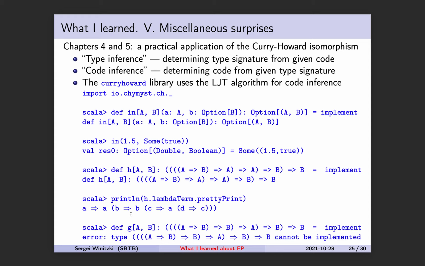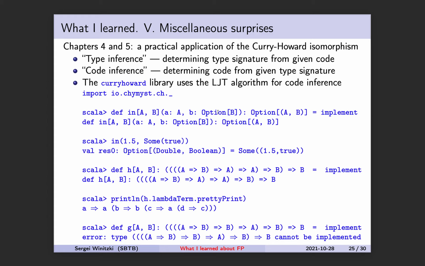Here are some examples running code using that library. So this library defines a macro called implement that examines the type signature on the left and generates the code for it immediately and compiles it. So for example, this function takes a value of type A, a value of type option B, and returns a value of type option of pair AB. Now the only way this can go is when B is an empty option, and you have to return empty option because there is no B that you could return in there.